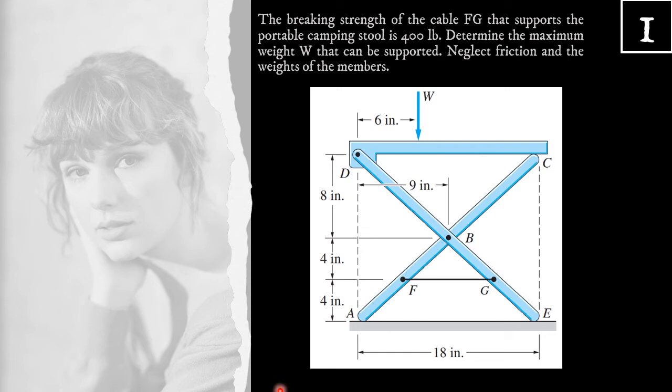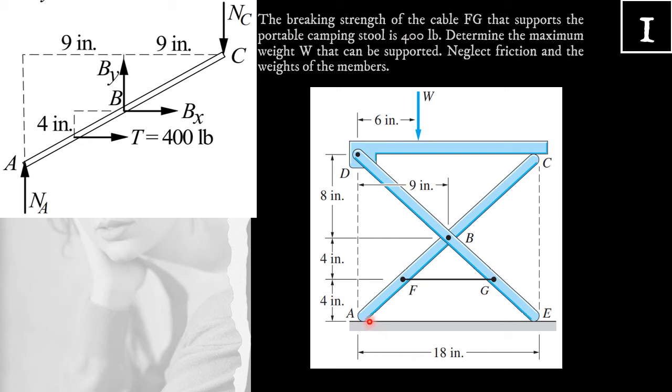Lastly, we consider the free body diagram of member ABC. At point A, we have a normal reaction NA, which is from equation 1 equal to 2/3 W. At point C, we also have a normal reaction NC.